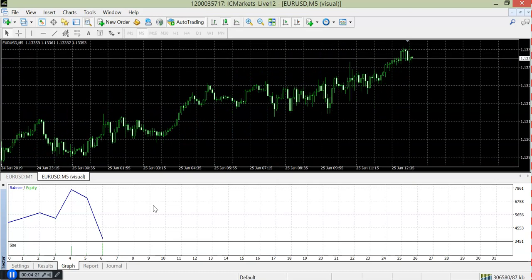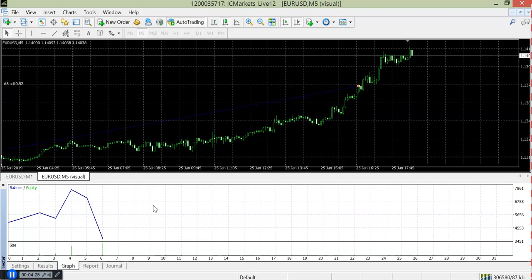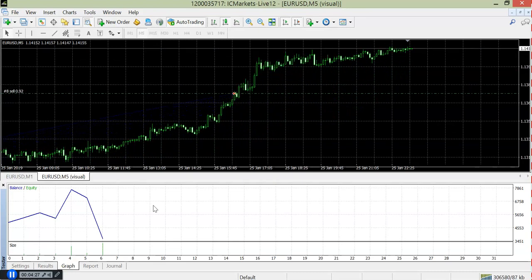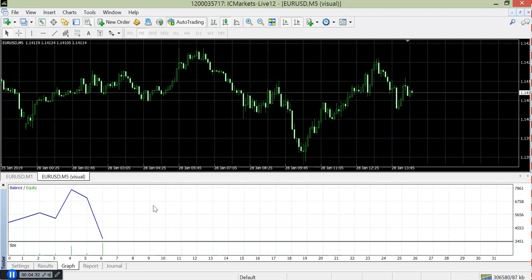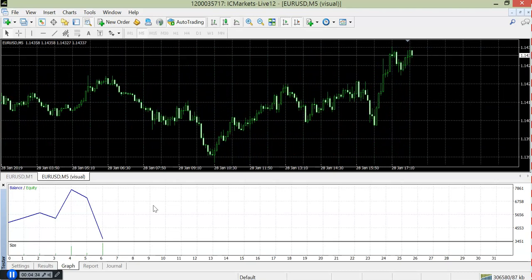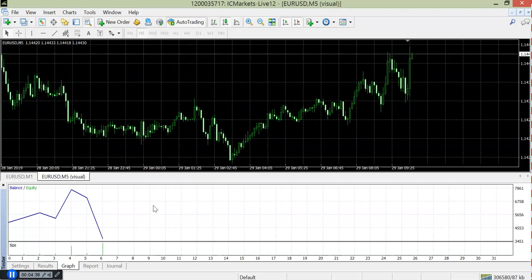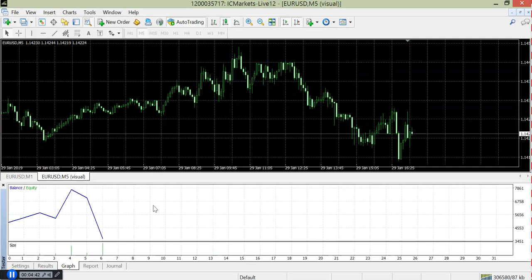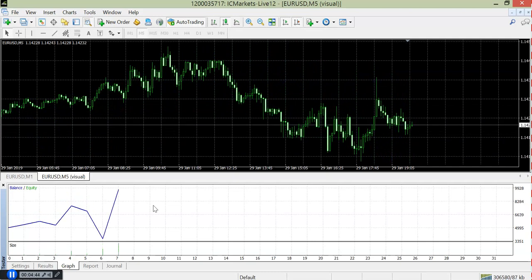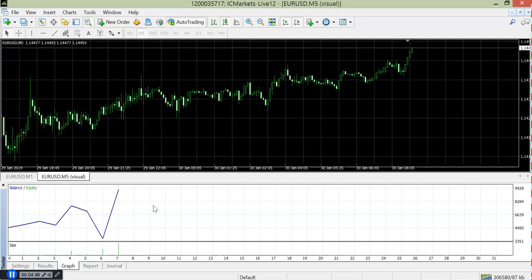You see, we have buy order now. So it uses hedge system, advanced hedge system. So if you lose first trade, it will again take another and another until it make money.